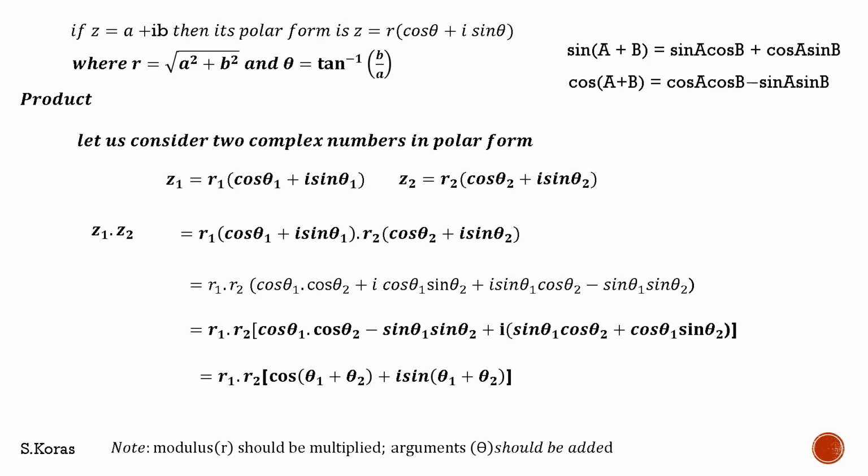Now let us try to divide two complex numbers in polar form. Let us consider the same two complex numbers. The first complex number is R1 into cos theta 1 plus I sin theta 1, and the second complex number is R2 into cos theta 2 plus I sin theta 2.